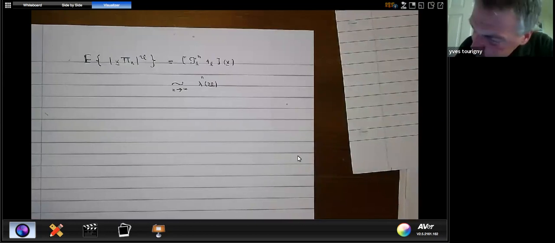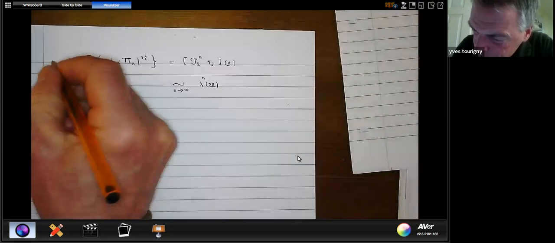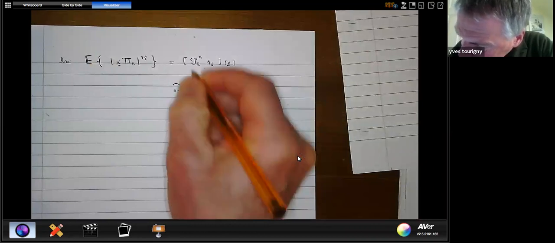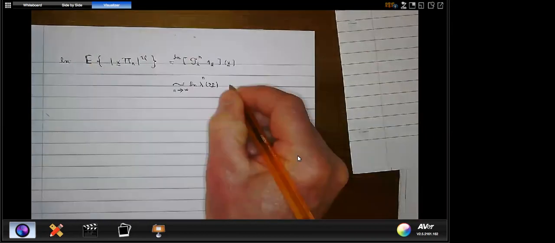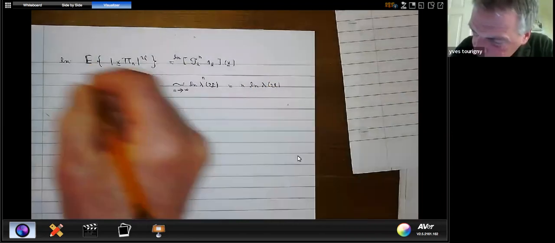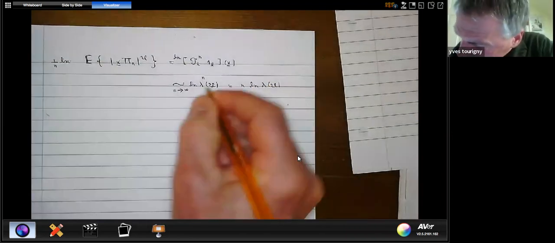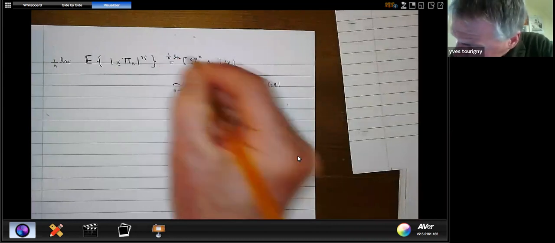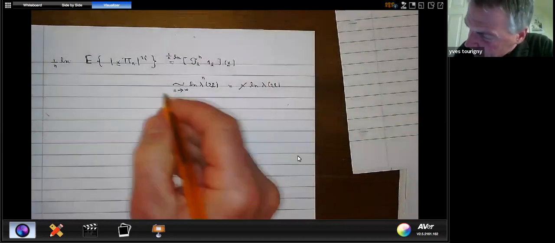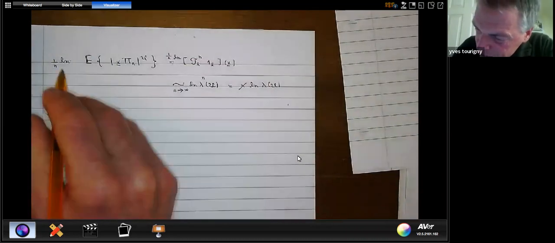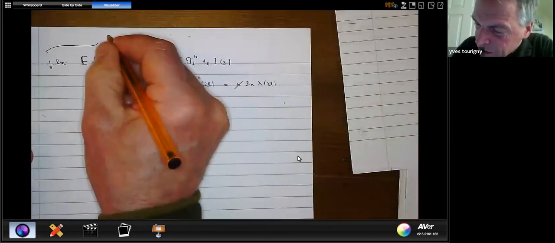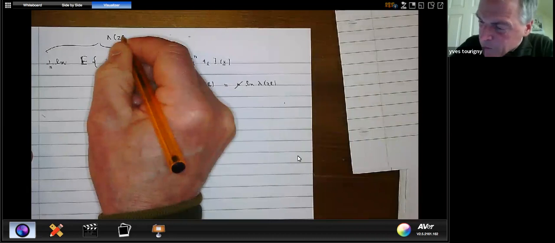And if I now take the logarithm on both sides, and divide by n, we see that for n large, this in fact is our magic function that contains the information about the statistical behavior of the product.